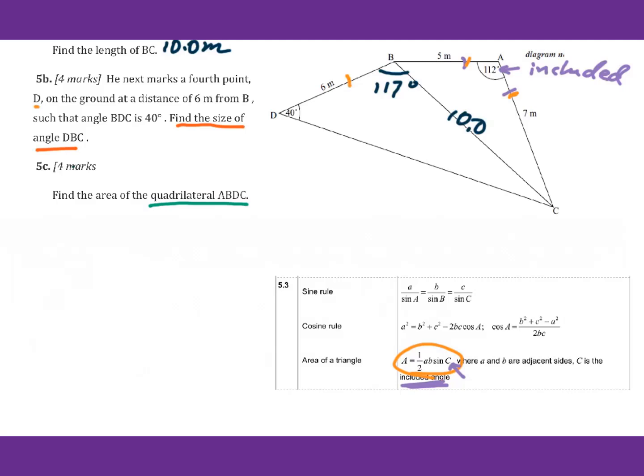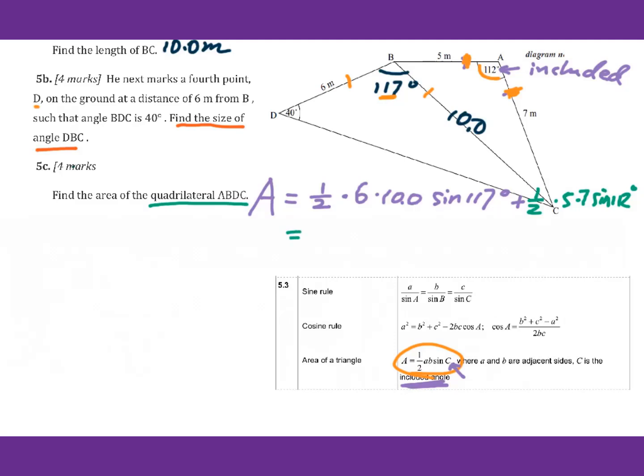which means this is ab sin C. See, this is the included angle. ab sin C, this is an included angle. Therefore, this area equals 1/2 times 6 times 10.0 sine 117 degrees, plus 1/2 times 5 times 7 sine 112 degrees.